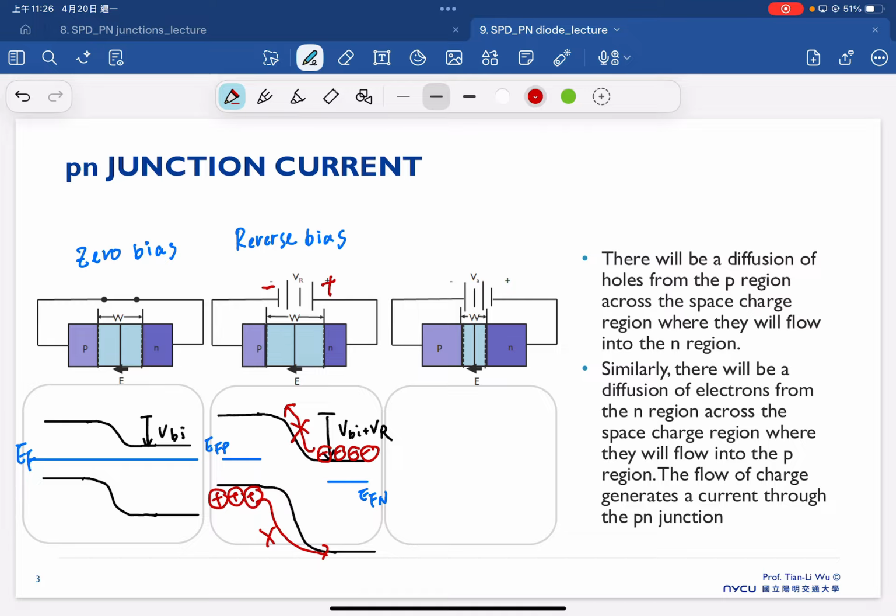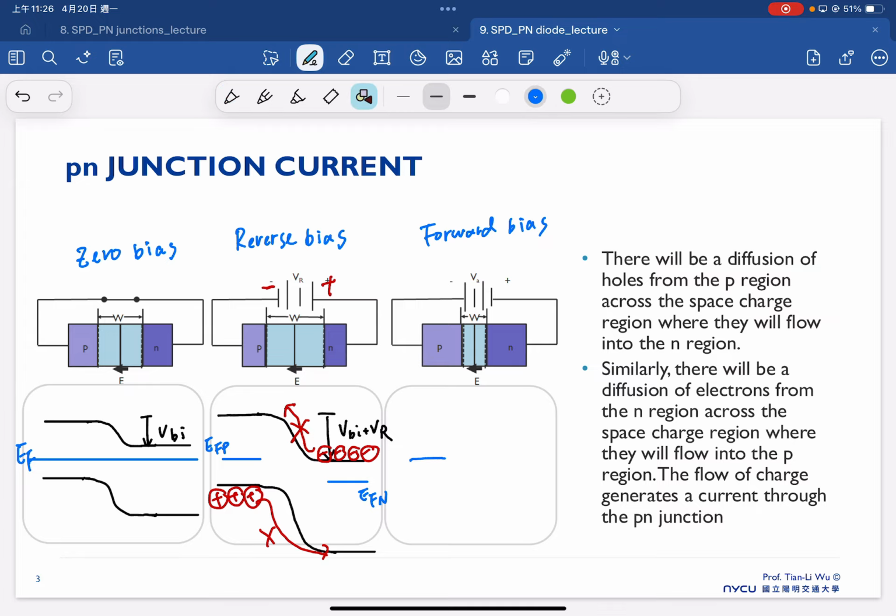But now we are interested in the opposite case, which is the forward bias. In the case of forward bias, the idea is very similar to reverse bias, but in completely the opposite way.